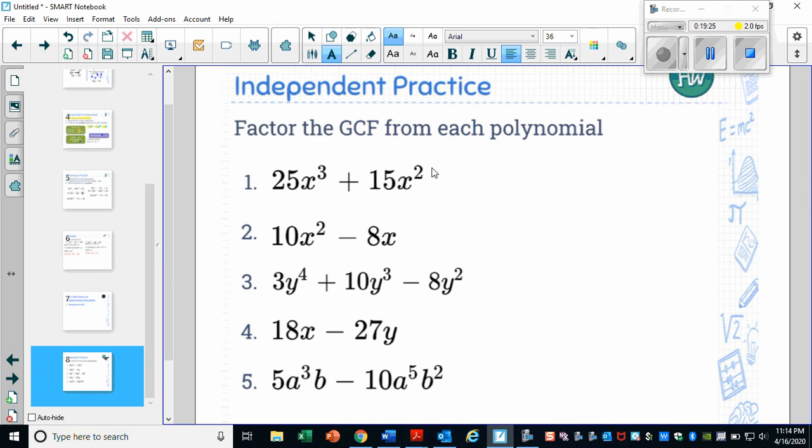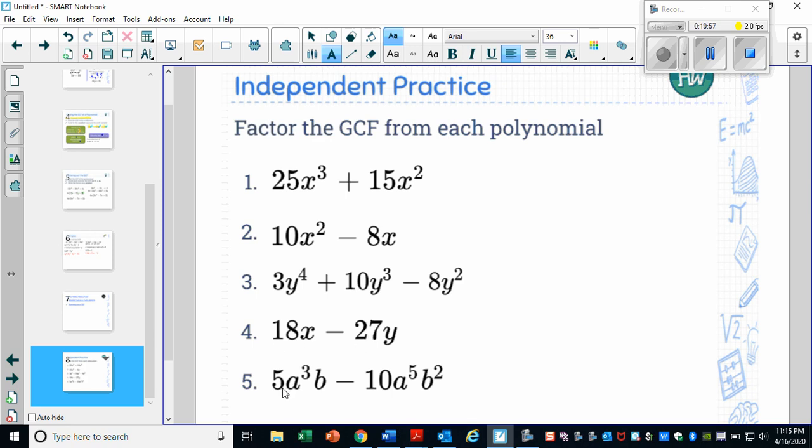If we look at these 5 problems, for number 1, you're factoring both a coefficient and an exponent. Look at your variables. Number 2, look at your 2 coefficients. Look at your variables. 3, same thing. 4, be careful. You have an x and a y, so ask yourself if you are factoring any variables. Might just be coefficients.